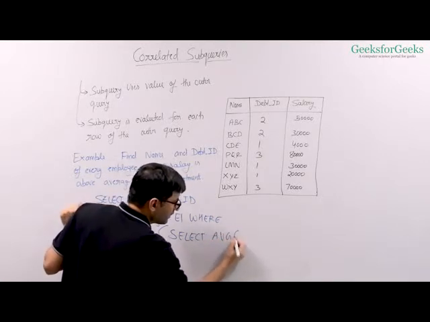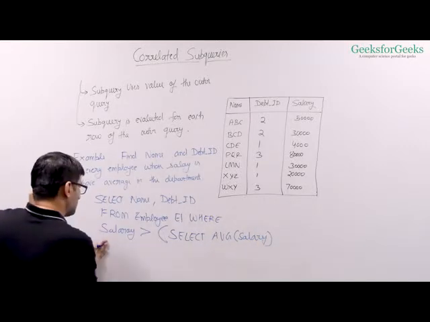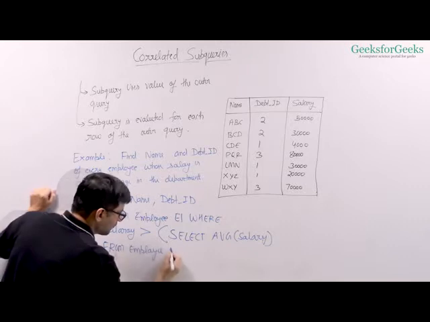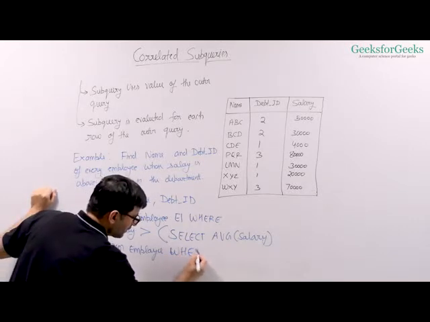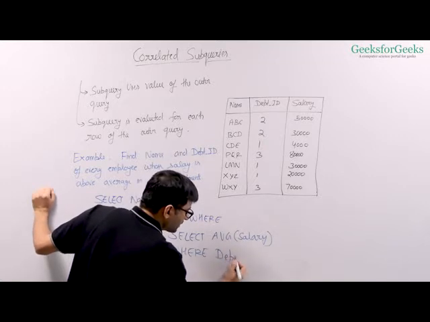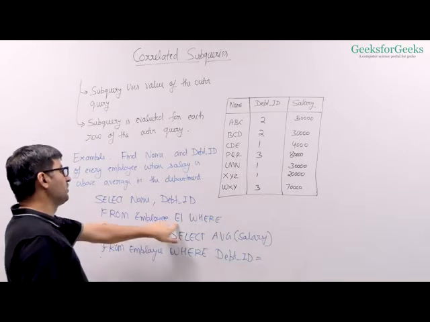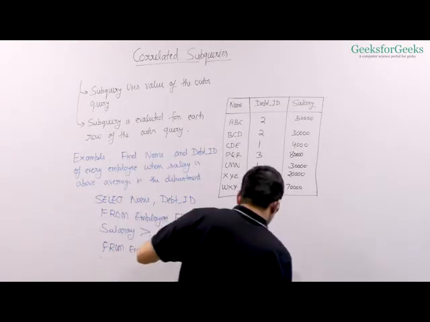Average salary from employee where department ID is equal to, so E1 dot department ID.